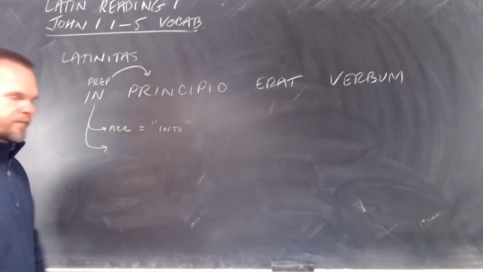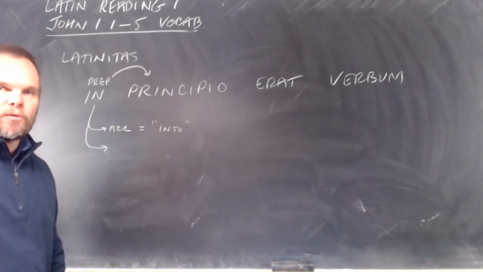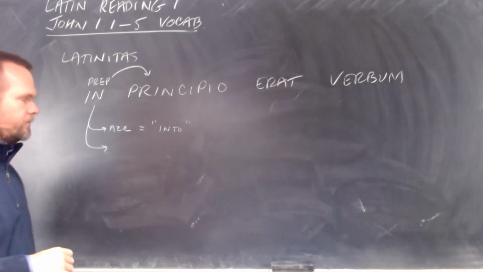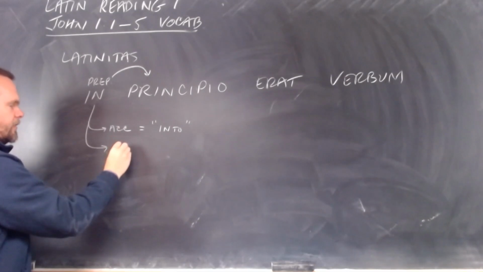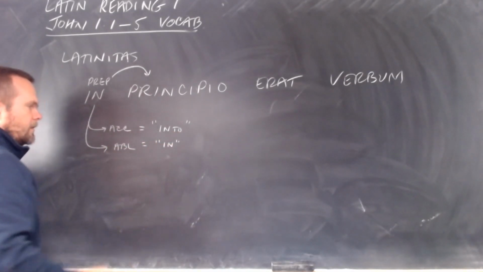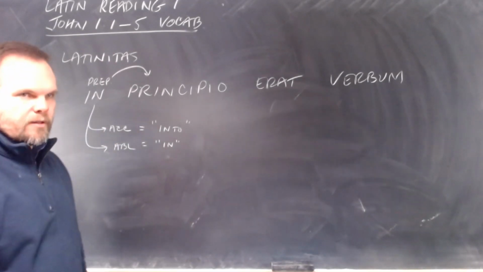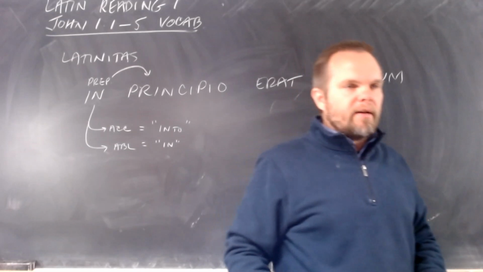When the noun after the preposition in is in the accusative, it has an idea of motion. Right? Like, I walk into the room. There's an idea of motion. If in is followed by a noun in the ablative case, it has the idea in. One is an idea in motion, one is an idea at rest.